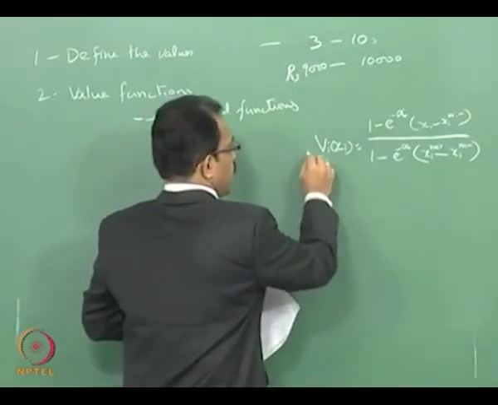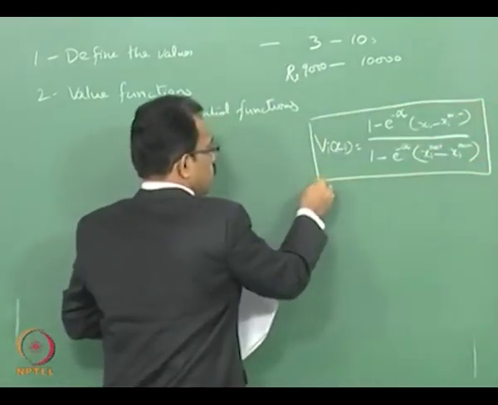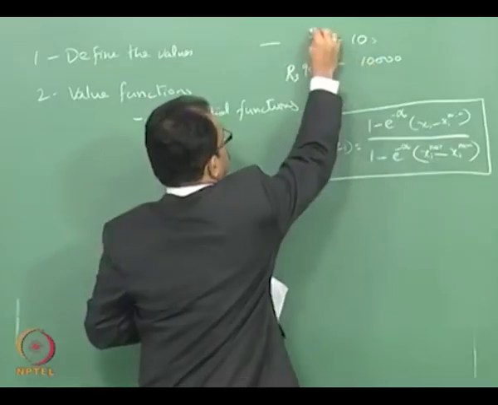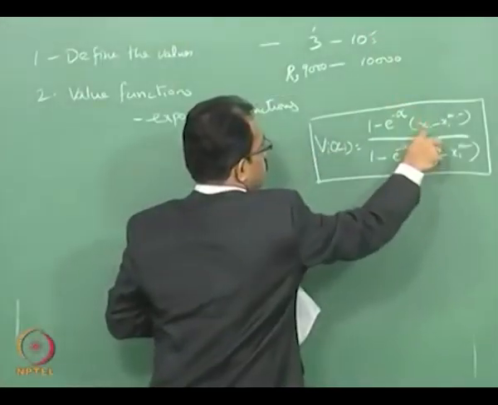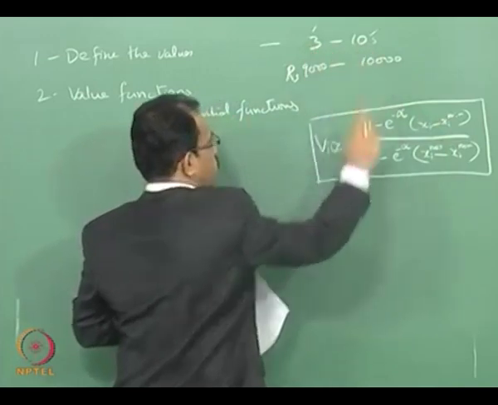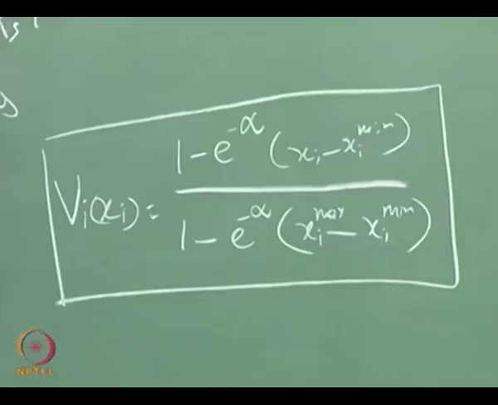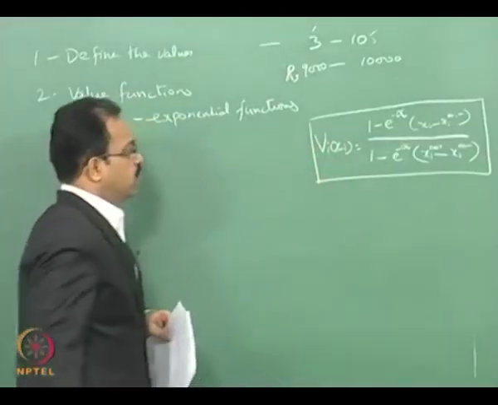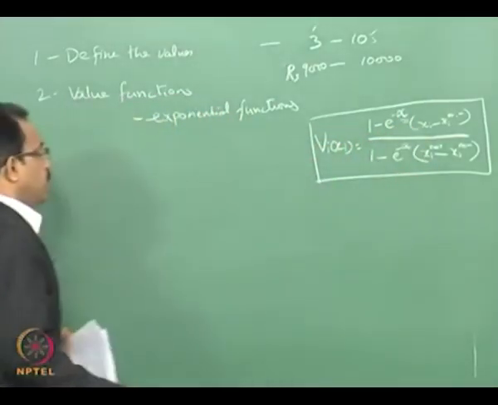So this is the way we define the value curve. So this xi minimum is the minimum value and this is the maximum value. So between these two values, minimum and maximum, we need to define a value curve, how the value should change from minimum to maximum. Depending on the value of alpha you can get different kinds of curve.